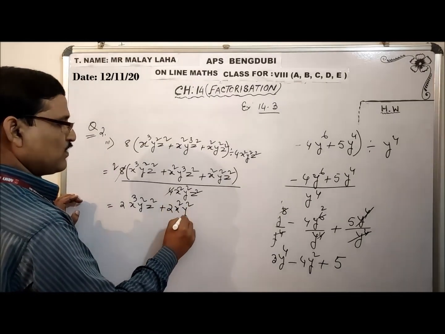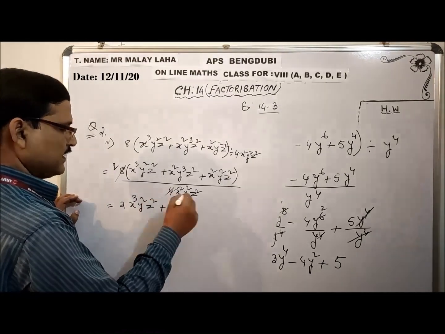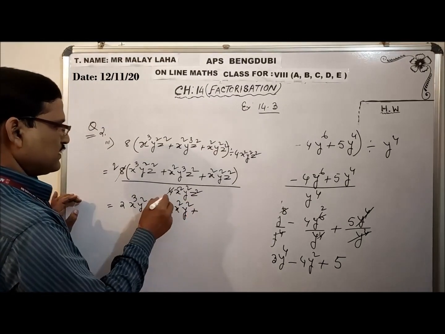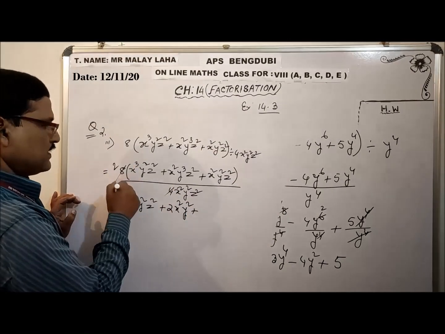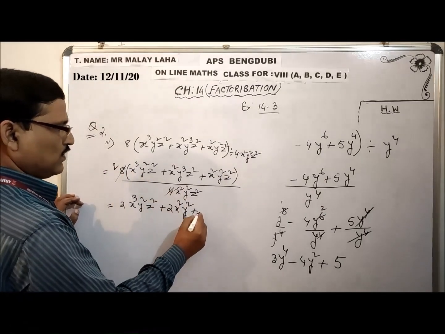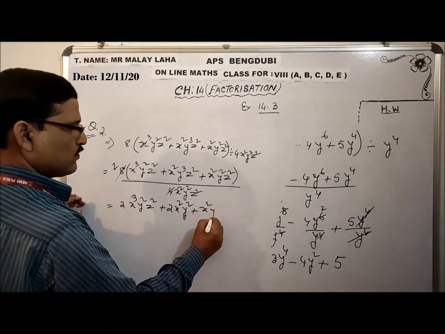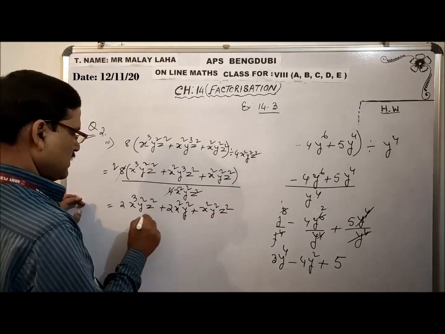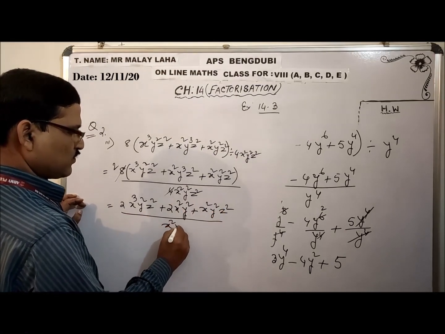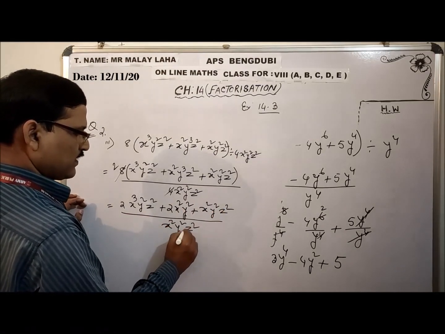You may multiply or not, no problem, then we keep it in bracket. But to make you understand, once I have cut, now no need to divide all the terms by 4. It is divided by only x square, y square, z square.